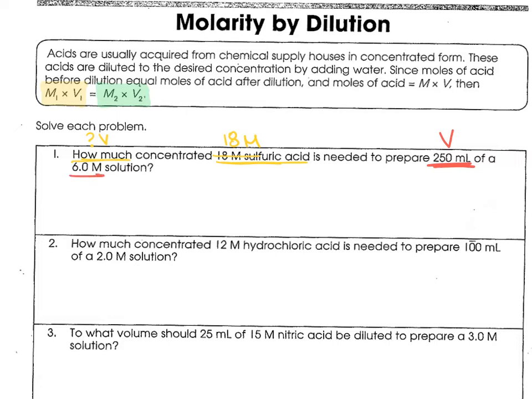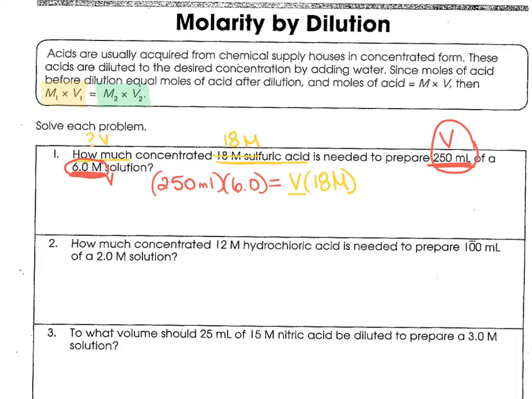My molarity that goes along with that is 6.0 moles per liter. The one I've circled in red goes with this volume here. So 250 milliliters times a molarity of 6.0 is equal to an unknown volume times 18 moles per liter.